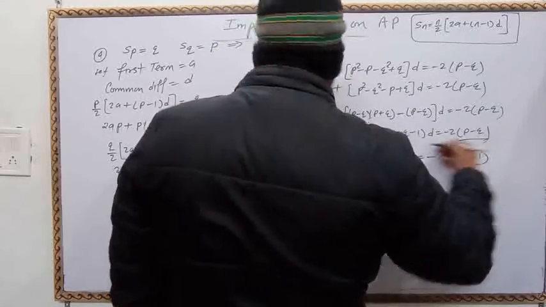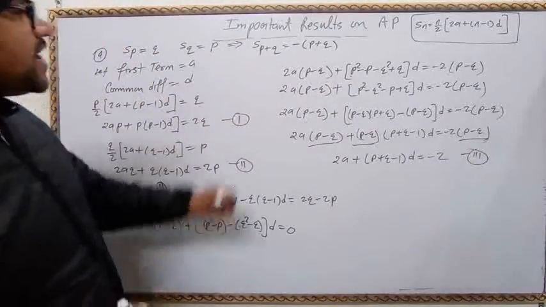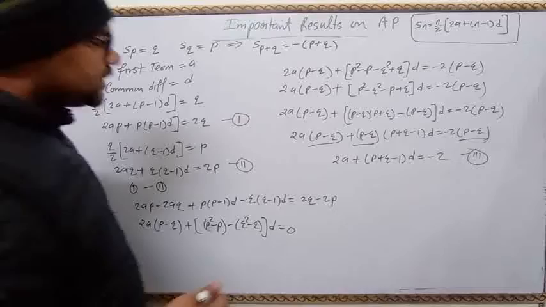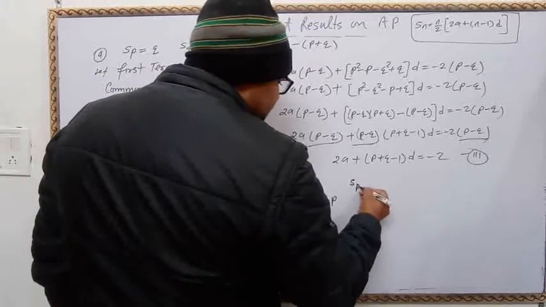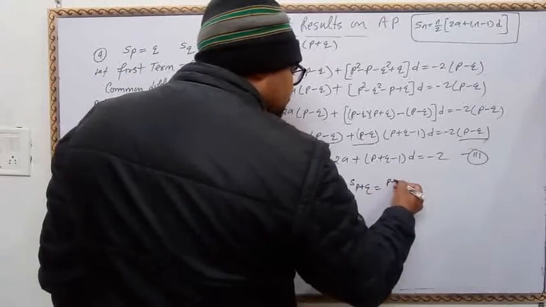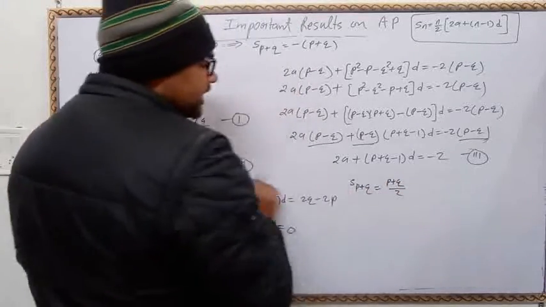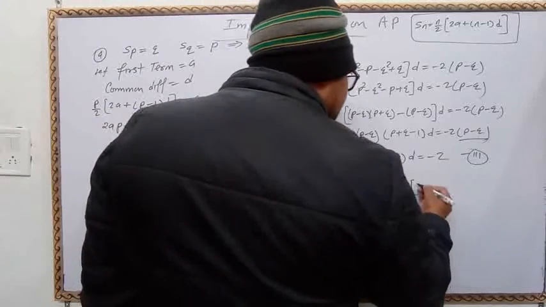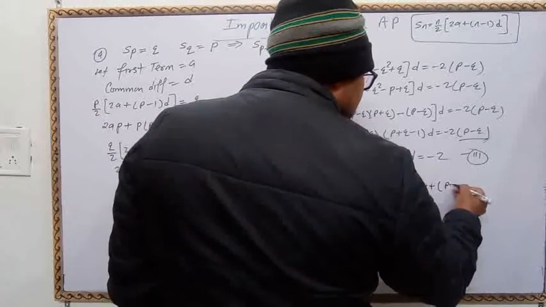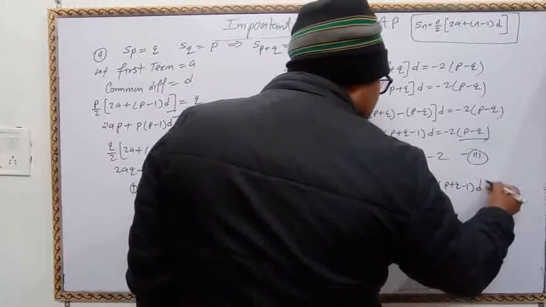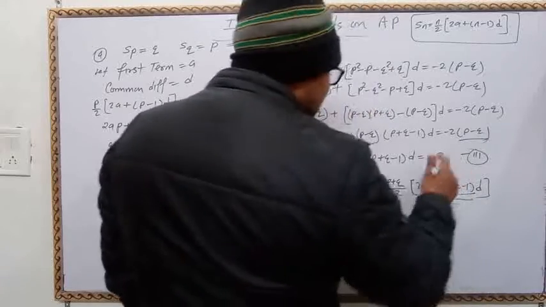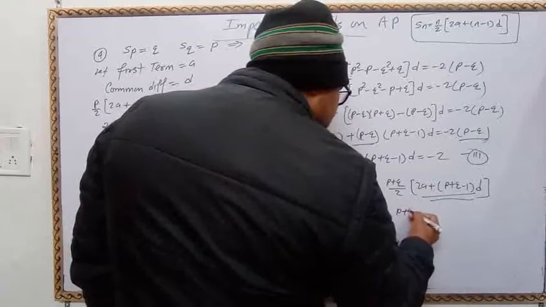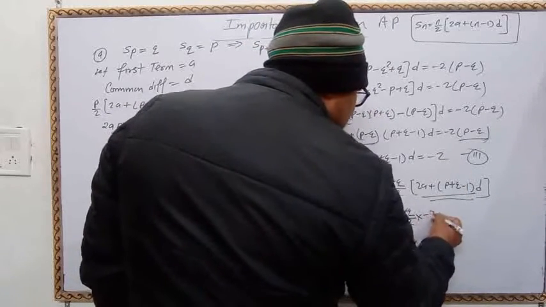It is equation third. What do you want to find? We want to find S(p+q). So S(p+q) = (p+q)/2 [2a + (p+q−1)d]. What is the value of this? It is −2. So (p+q)/2 into −2.